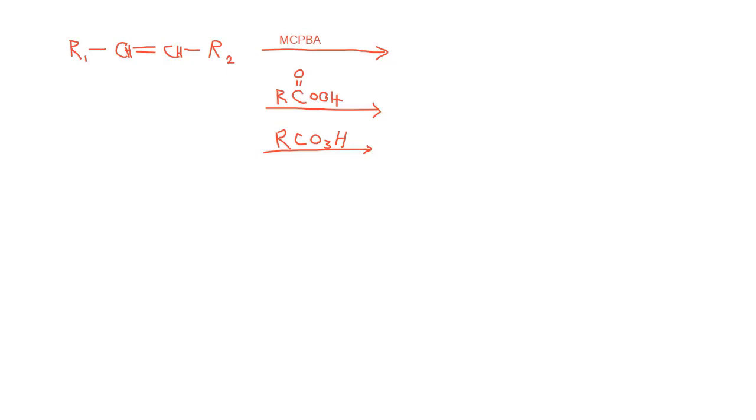And what that's going to give you is the epoxide. So this, well, actually, that second bond is gone, and instead of that, you're going to end up having the epoxy group. And of course, these carbons will still have the hydrogens attached to them.